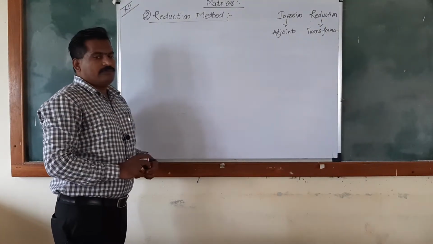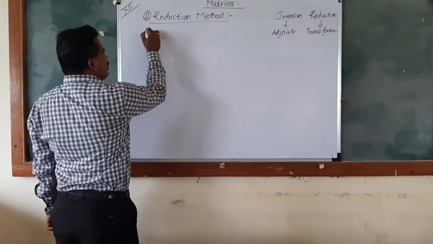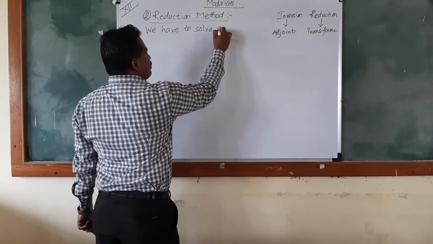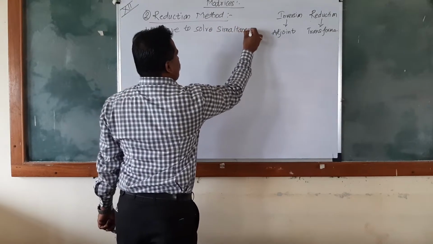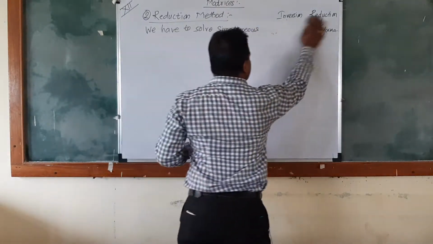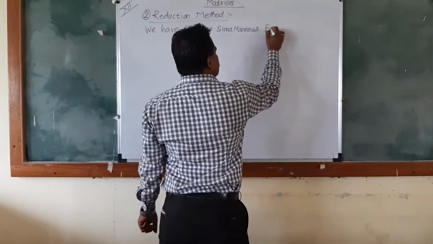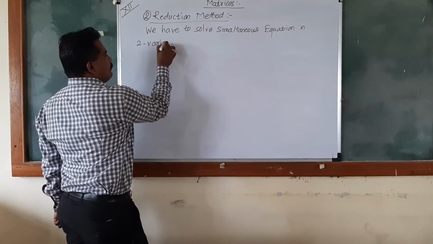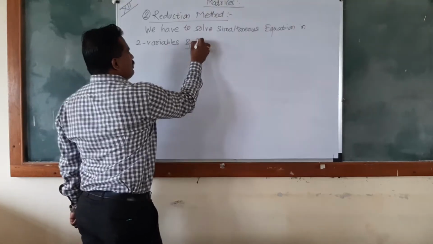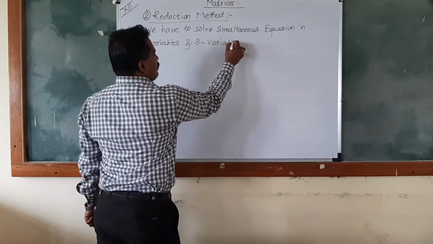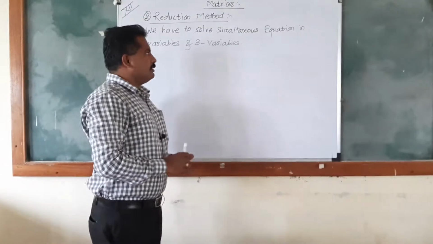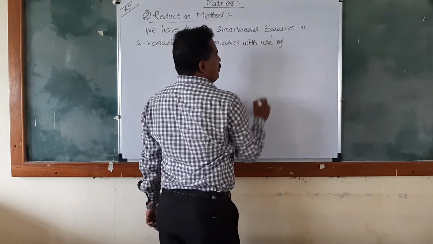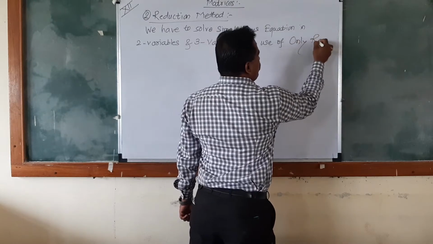Now, in this reduction method, we have to solve simultaneous equations in two variables and three variables, with the use of only the row transformation method.